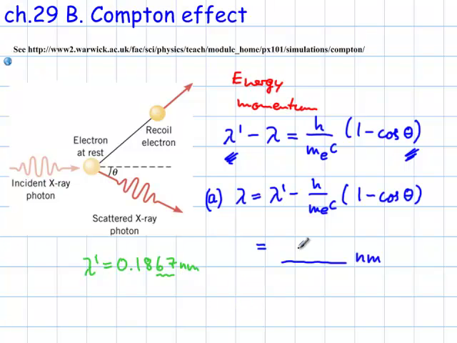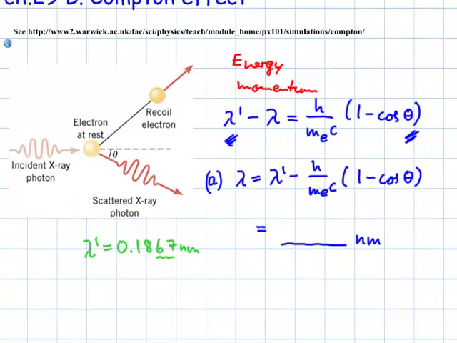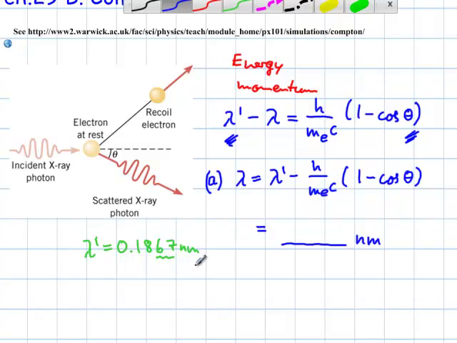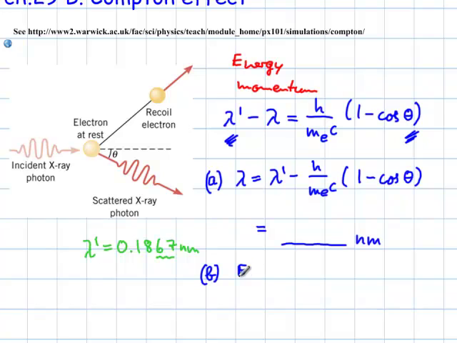Of course, the wavelength of the incoming photon is smaller than the wavelength of the scattered photon, because the energy is inversely proportional to that. And that's the next thing they want to know. So the energy is Planck's constant times the frequency, respectively, since they give us the wavelength, it's Planck's constant times the speed of light divided by the wavelength.